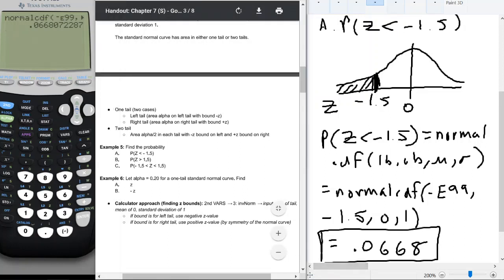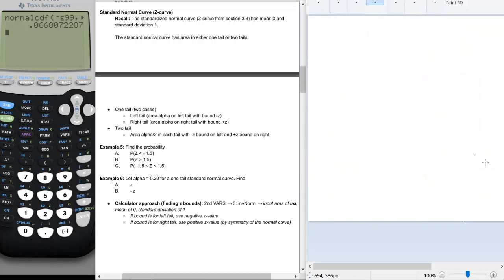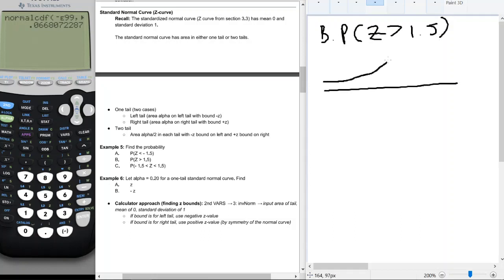And for the rest of example 5, it'll be very similar. Let's look at part B. We're looking to find the probability that z is greater than 1.5. On a standardized bell curve, we're centered at 0, and we need to place 1.5 somewhere on the number line.